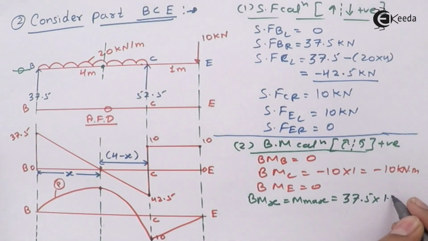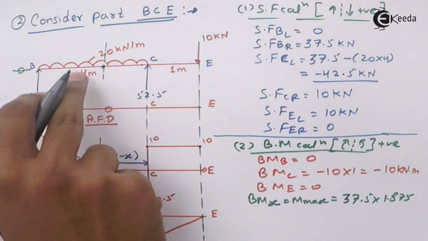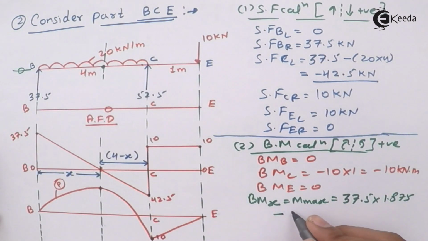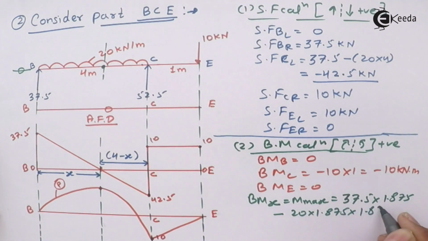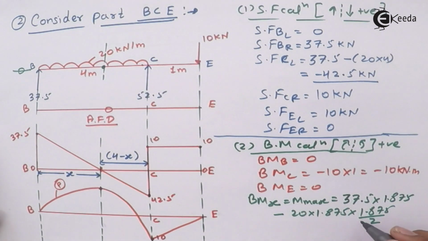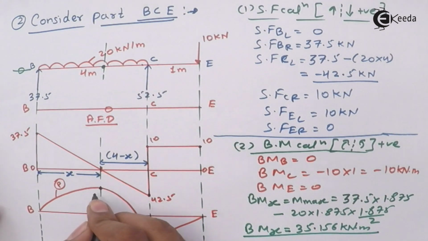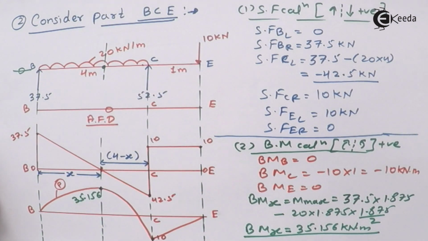Now this UDL goes minus, because it is acting in this direction, minus 20 into 1.875 into 1.875 divided by 2. Now you get the bending moment at x as 35.156 kilonewton meter. This is your value over here, 35.156.